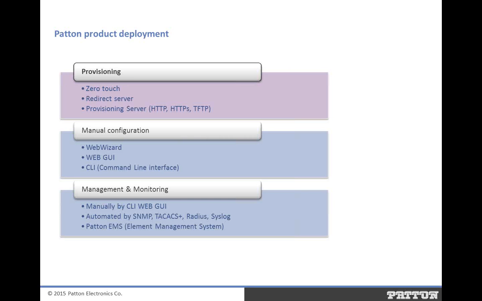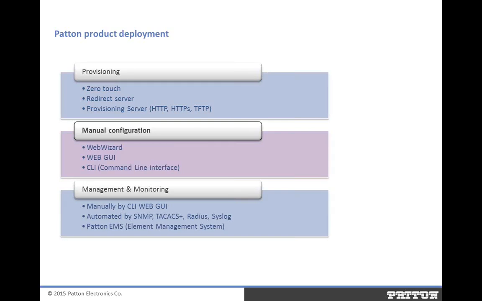The provisioning server and the products support different kinds of protocols, whether it's HTTP, HTTPS, or TFTP. Then, of course, the manual approach is always available, and maybe the easiest way to get started with configuring a unit, whether this is done through the CLI or the web interface, but now also through a web wizard, which we will show later in the presentation.